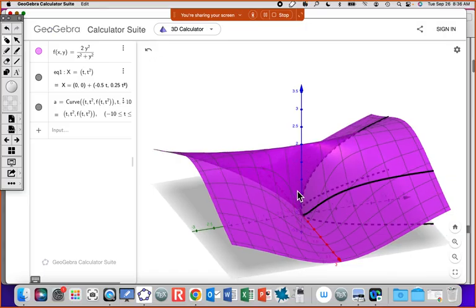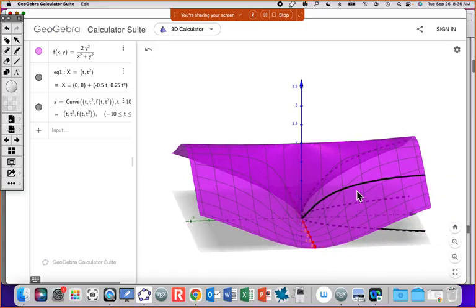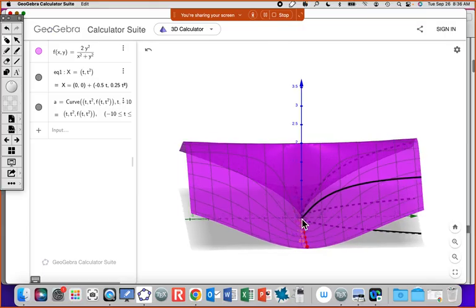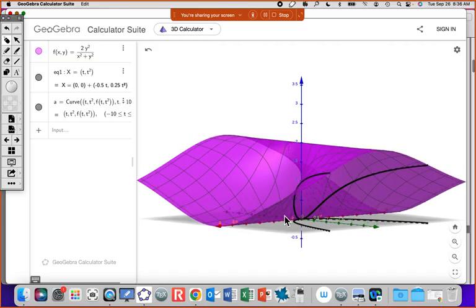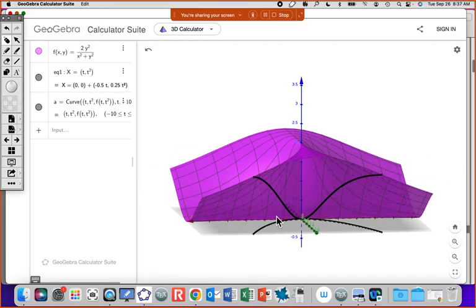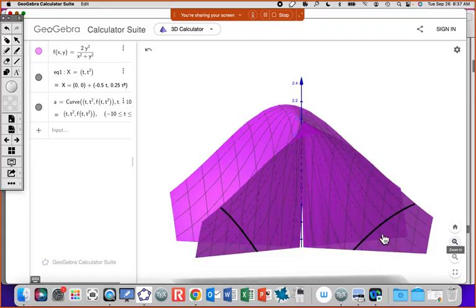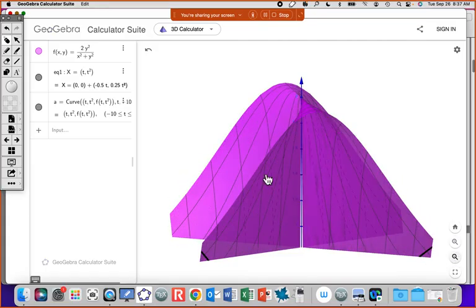And here's what it looks like. Now, based on this, when you lift the curve to the surface, what happens to it? It looks like the parabola dips down. It appears as if the limit along the parabola would be what? Can you see? If I turn it this way. As we come in on the parabola, the z values are getting closer to what here? Yeah, it looks like you're getting closer to 0.